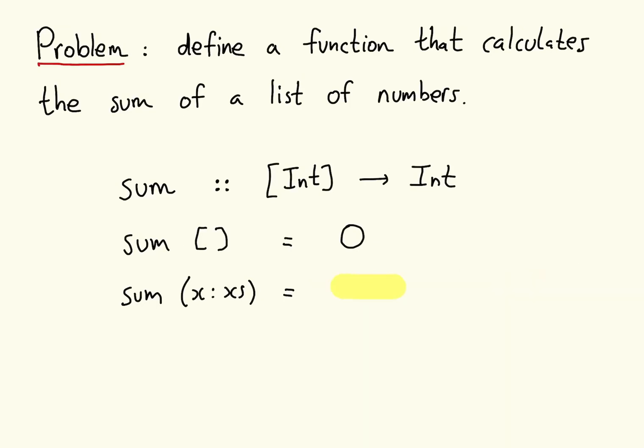When we're trying to complete the right-hand side, the ingredients we've got available to us are, first, the function itself. Actually, let me highlight it up here. We've got the function itself because we can do recursion in a language like Haskell. We also have the two parameters. So on the right-hand side here, the variable x and the variable xs will be in scope. x will be the first thing in the non-empty input list, and xs will be everything else. So that's some ingredients as well.